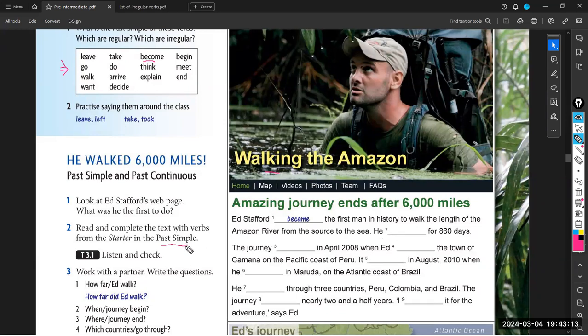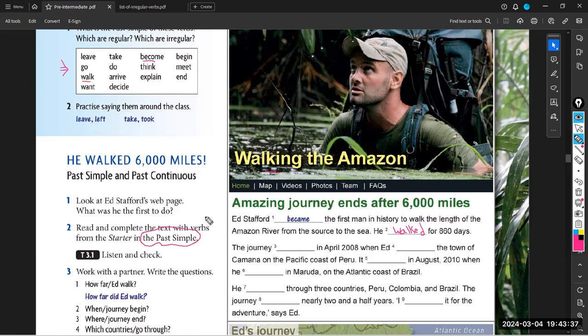Again, I have to use these verbs in what? Simple past tense. So he walked for 860 days. Okay, this is walk.